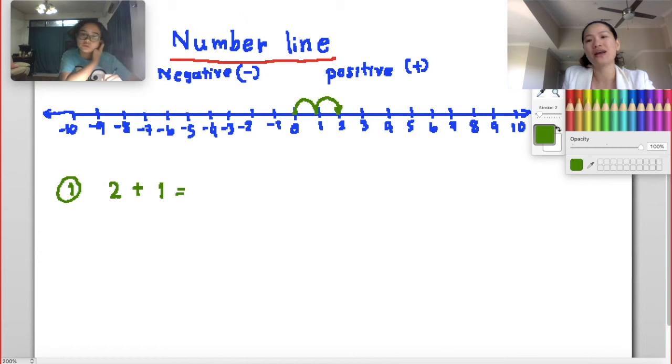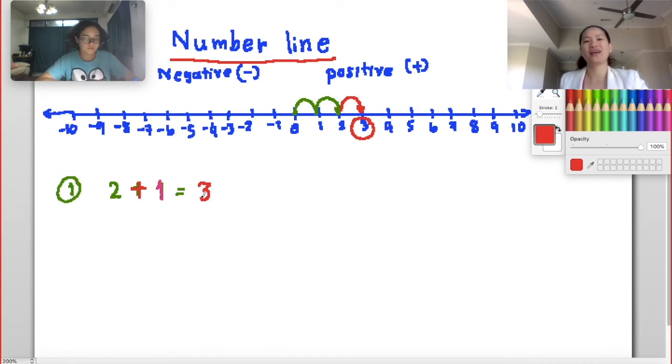Now you get 2. And then, okay, I use a different color for you: 1 here. And I will let you plus 1. So that means I add another 1, so I get the answer equal to 3. Okay, good job.